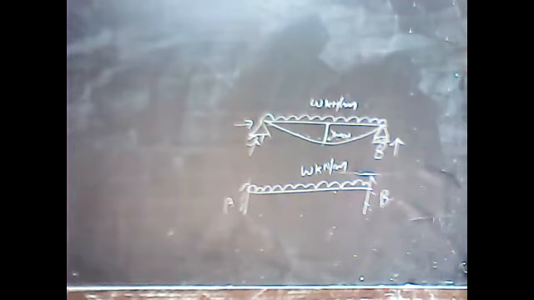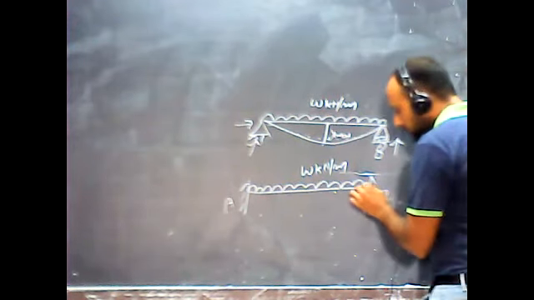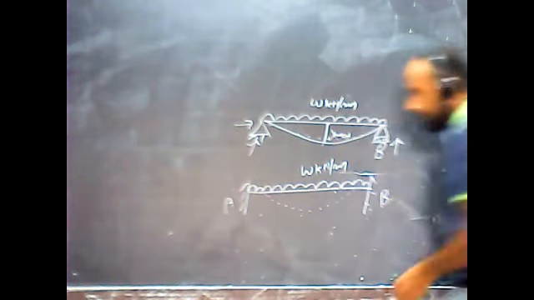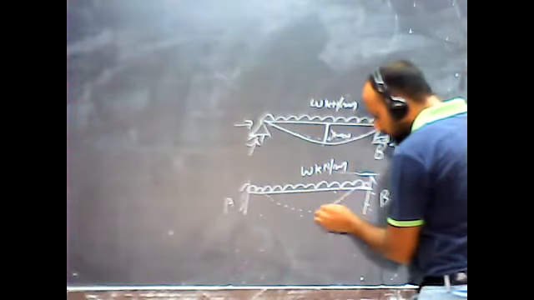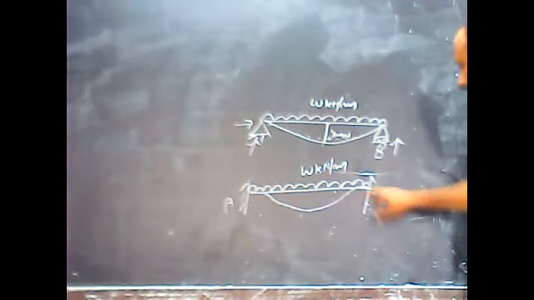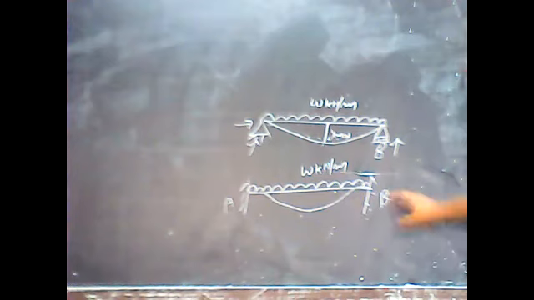How is it going to deflect in this case? Somewhere like this. As you can see, the deflection of the fixed beam is comparatively very less than the simply supported beam, and it starts some distance away from the fixed support, as the fixed support will not allow deflection.